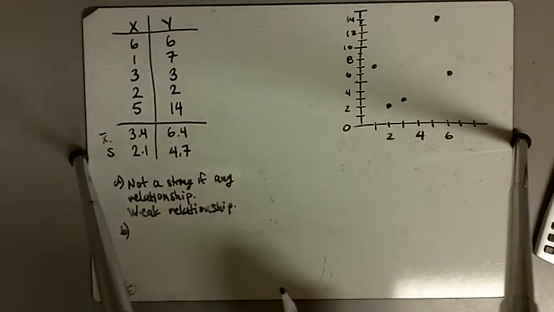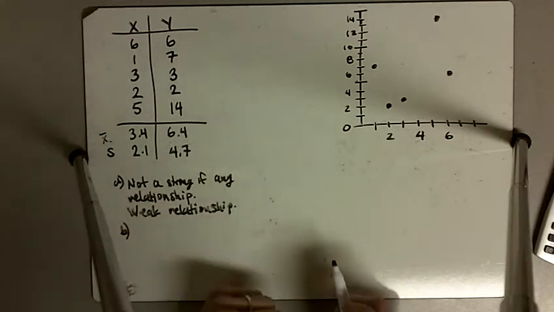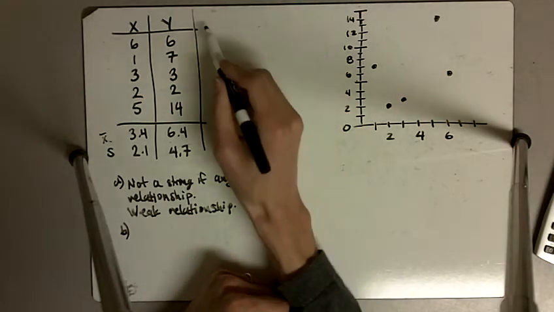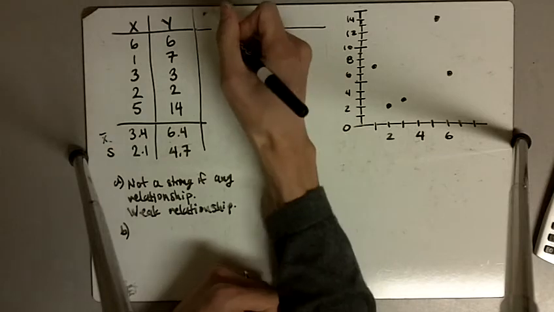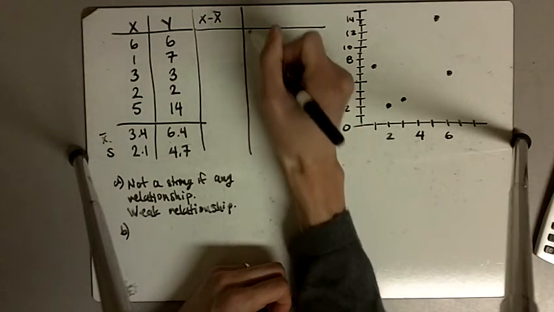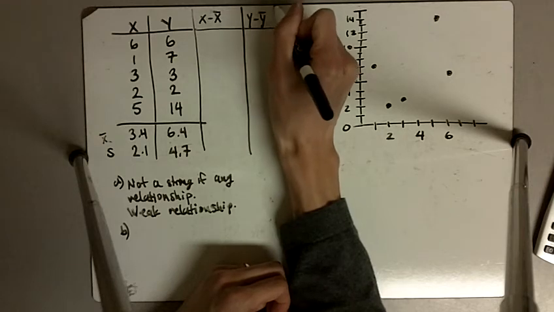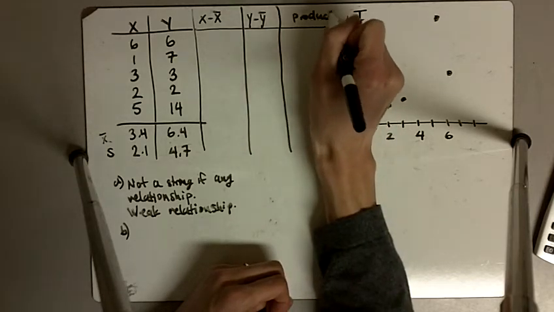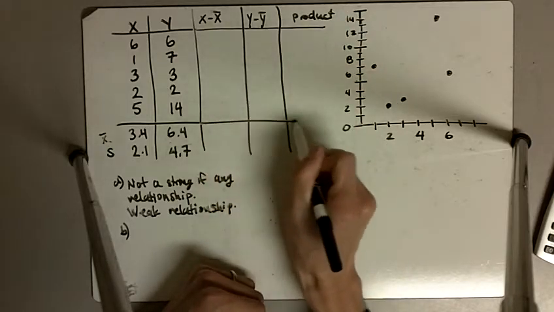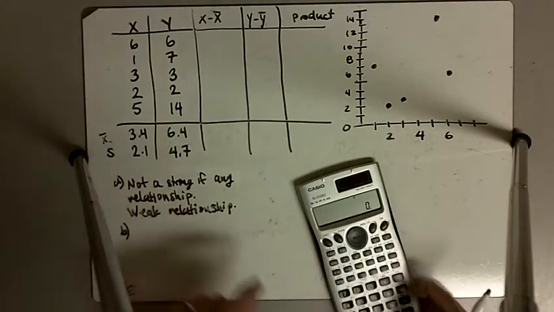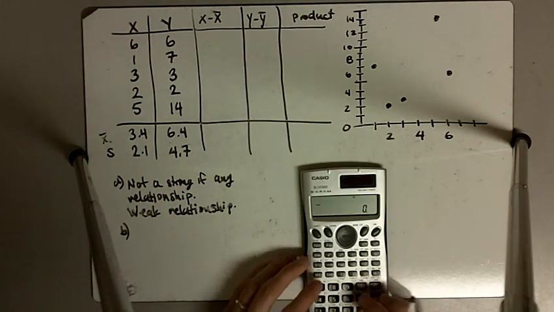Alright, then it asks us to calculate the correlation coefficient. So here I have all of my x and y points, and so what I want to do is calculate my x minus x bar, and also my y minus y bar, and then the product. It's calculated the means for each.